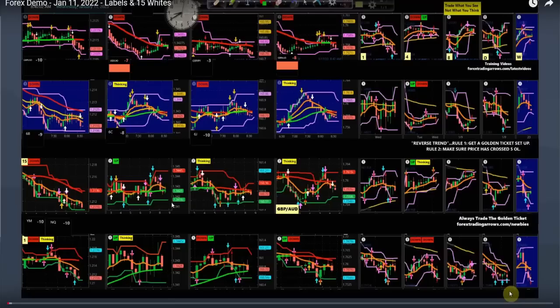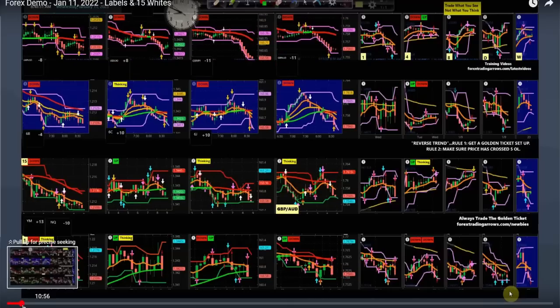You've had a second move. There's no other setup saying up at the moment, is there? There's nothing here saying up. So the chances are this will go down. So we'll watch this and then we'll just go through them as we see them. All right, there you go.